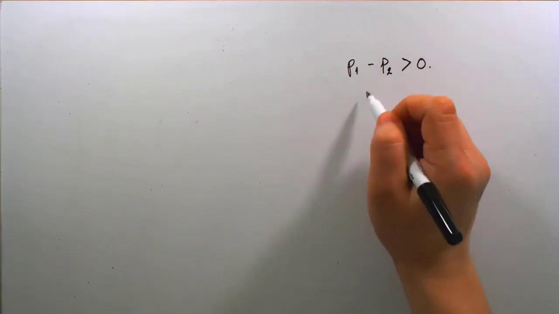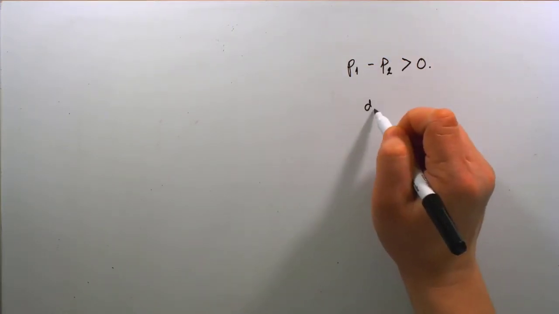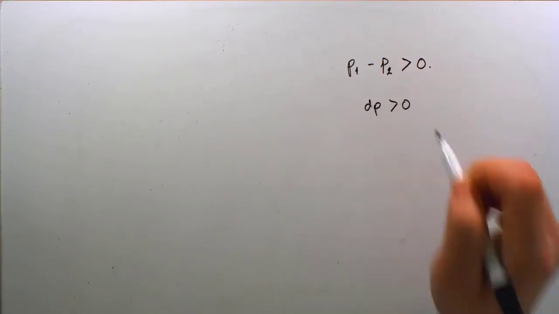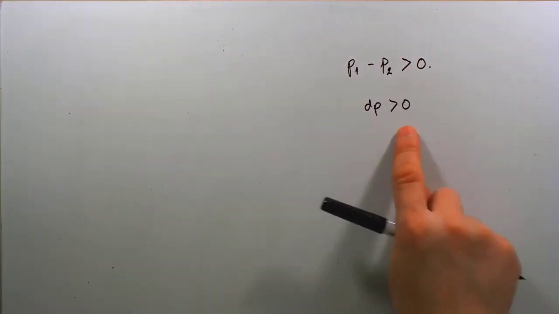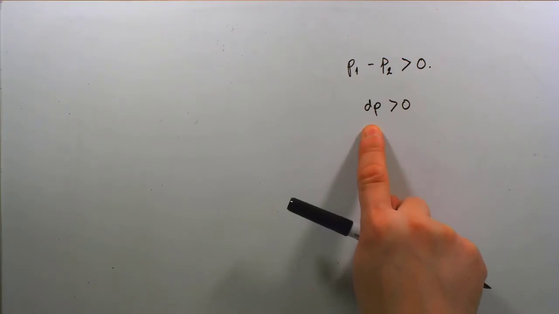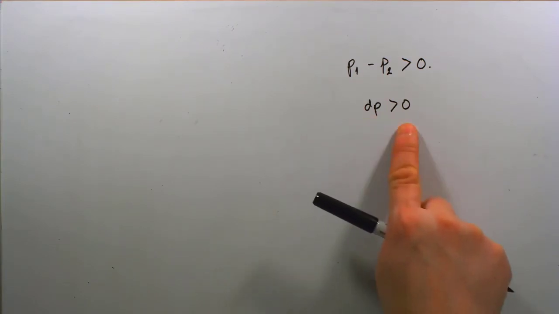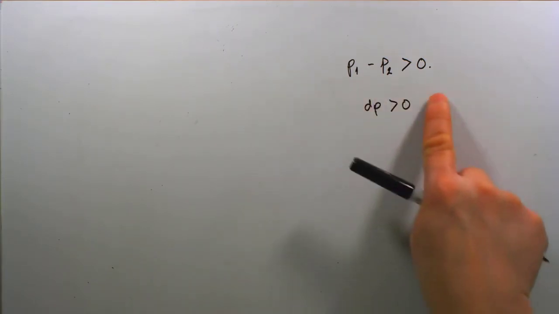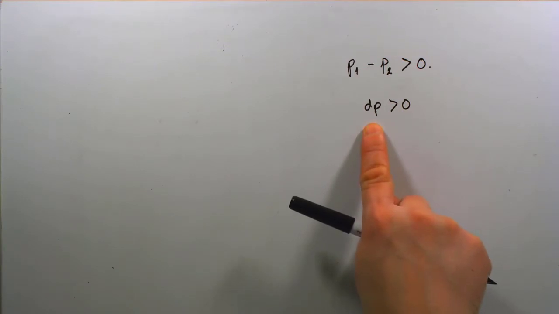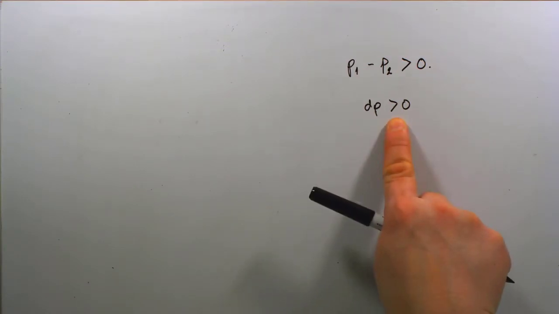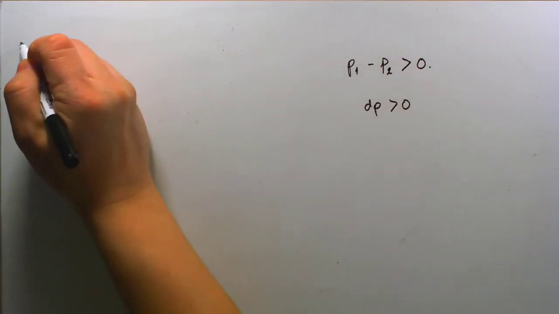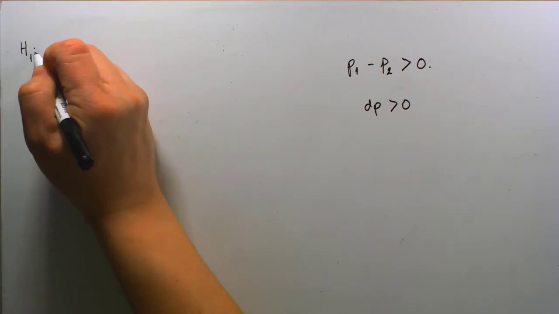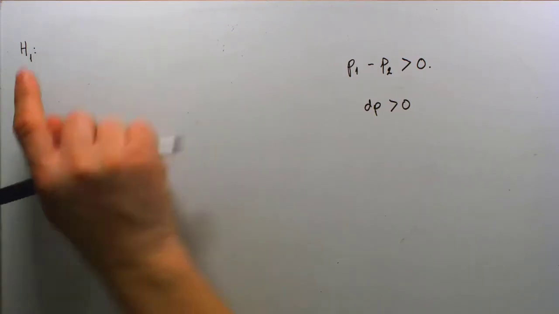Now I want to see this statement as dp is greater than 0. And then further looking at this statement that arrived at dp greater than 0, we recognize now that we have a statement that involves an inequality. So in that way, back to our first responsibility to identify the two hypotheses.